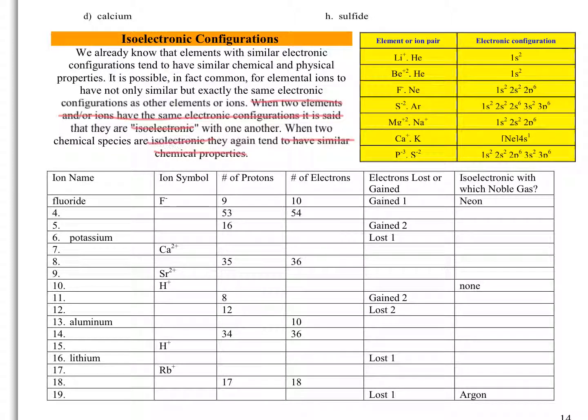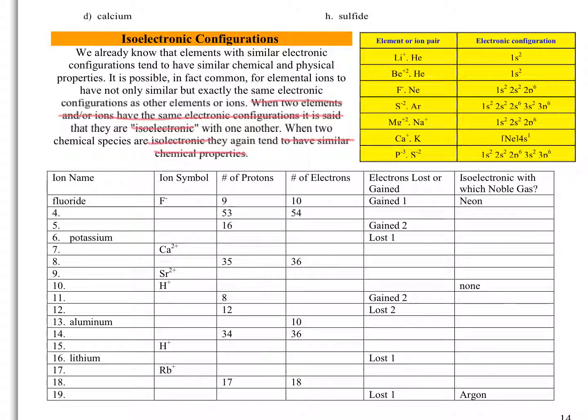So for example, the lithium ion, since it is a cation, and helium both have an electron configuration of 1s2. Beryllium and helium both have 1s2, which also means lithium, beryllium, and helium are all isoelectronic. They all have the same electron configuration.